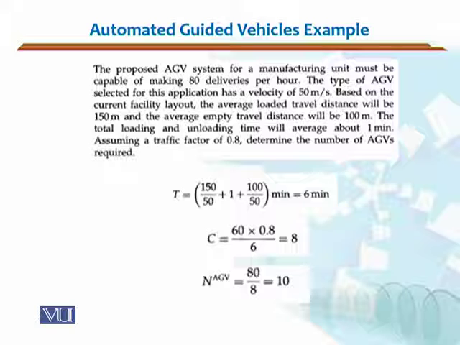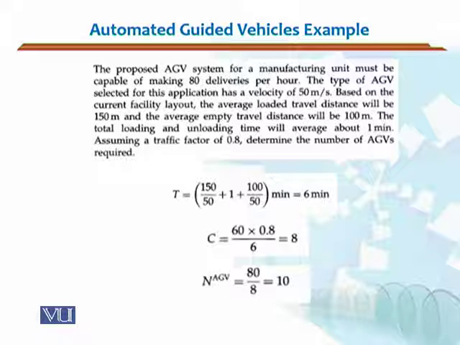My material handling time for loading and unloading is 1. My unloaded average total distance is 100 meters divided by, of course, the velocity, which is 50 meters per second. So I get the time of 6 minutes.